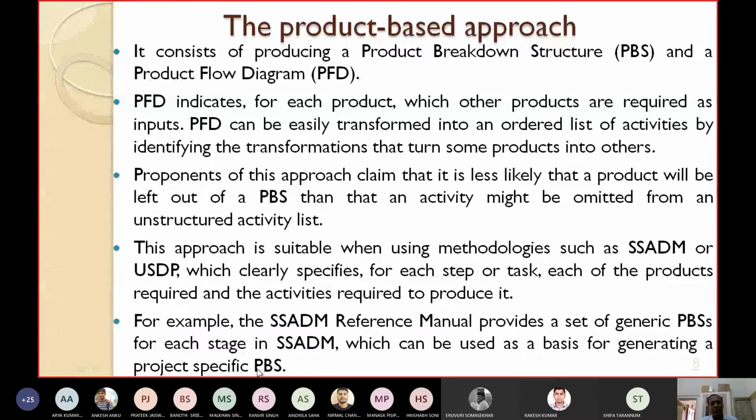Then you can easily identify the activities. So this is something called the PBS, product breakdown structure. We have previously seen WBS, work breakdown structure. Now we have discussed a little bit about PBS, product breakdown structure. Similarly, another structure is known as resource breakdown structure. Which activities will take how many resources?